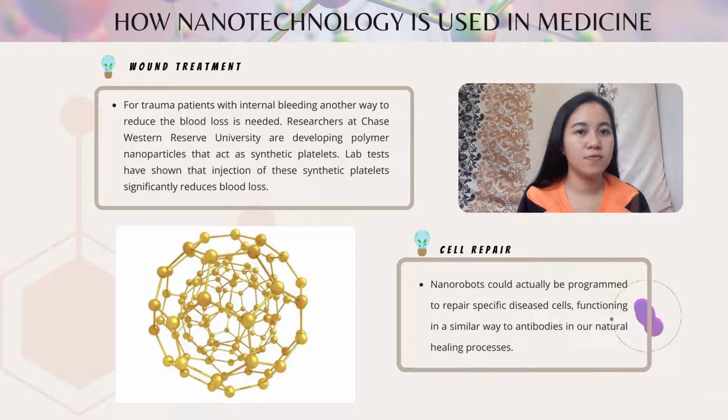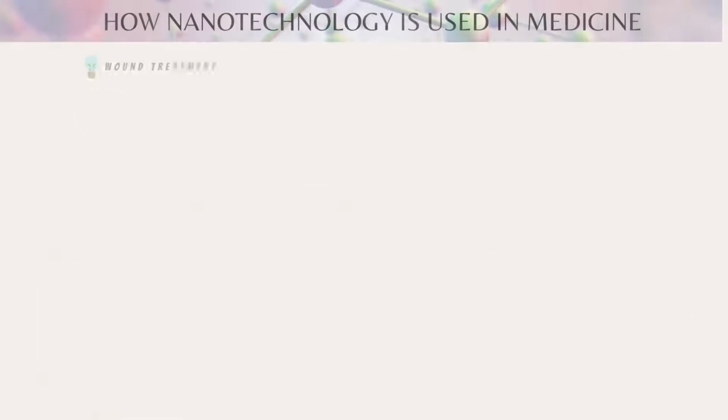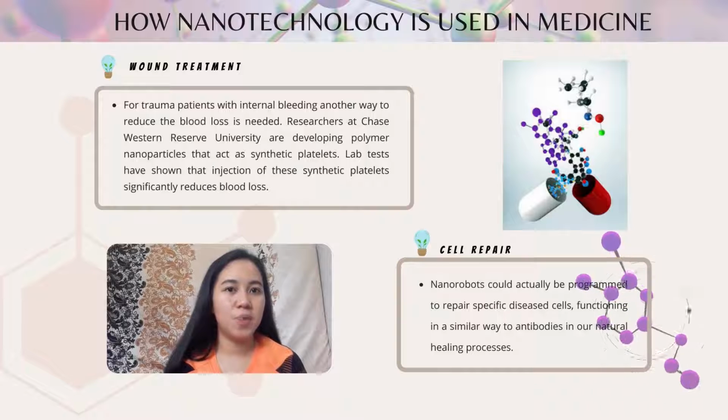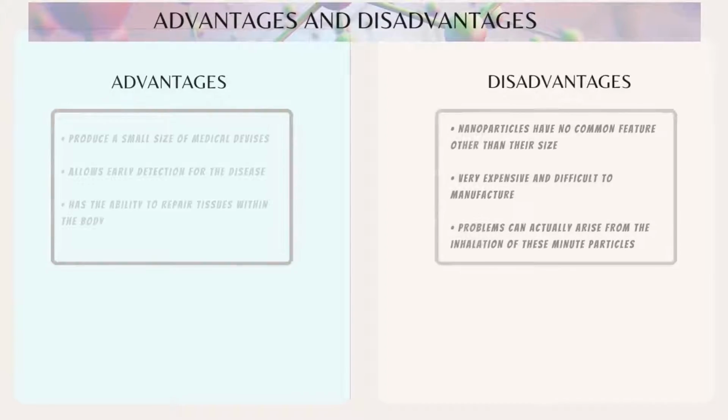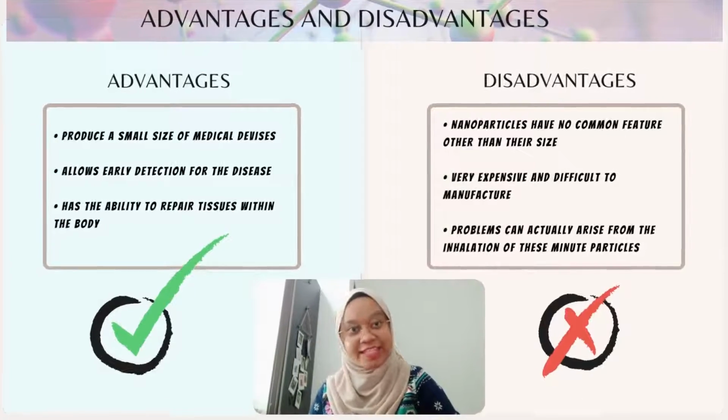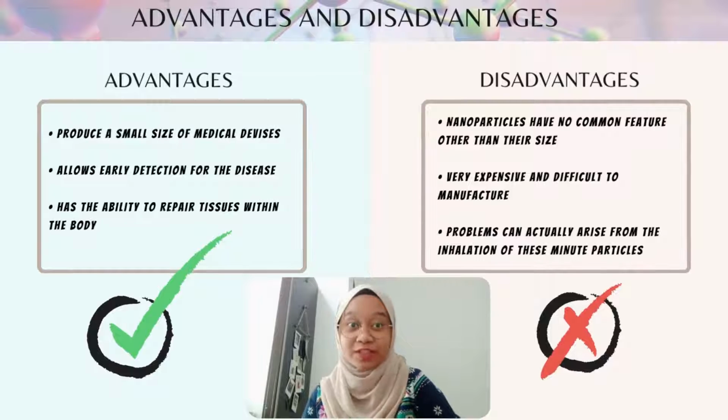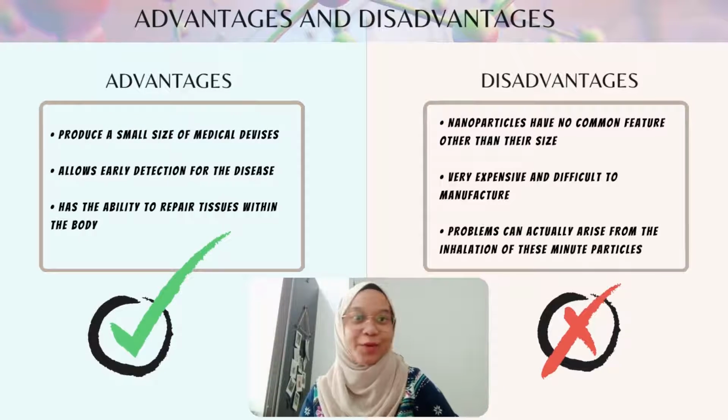Lab tests have shown that injection of these synthetic platelets significantly reduces blood loss. For the last point, cell repair. Nanorobots could actually be programmed to repair specific diseased cells, functioning in a similar way to antibodies in our natural healing process.